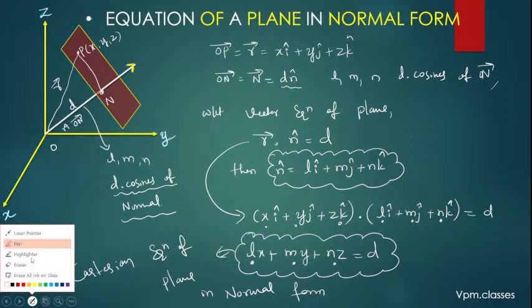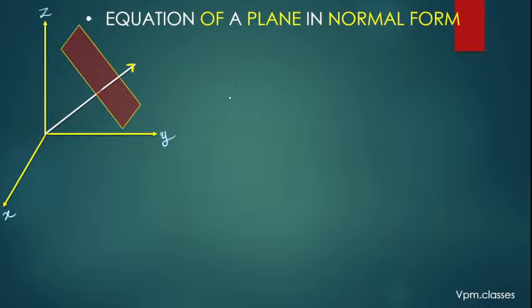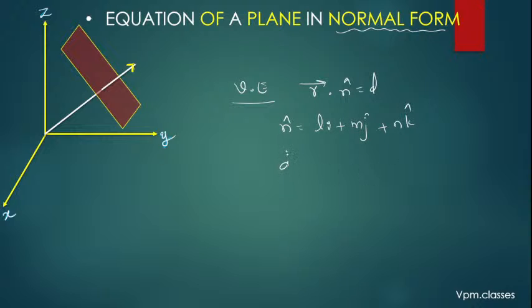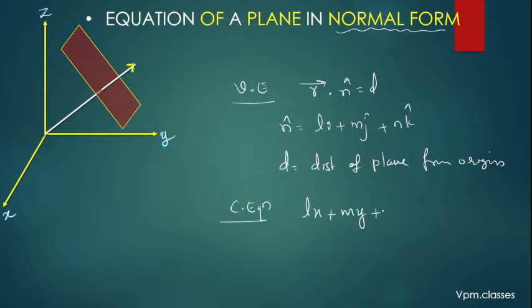Okay, so finally we got the vector equation of a plane in normal form given by r dot n cap is equal to d, where n cap is equal to l i plus m j plus n k cap, and d is the distance of the plane from the origin, and the Cartesian equation of a plane in normal form is given by lx plus my plus nz is equal to d, where l, m and n are the direction cosines of my normal vector ON.